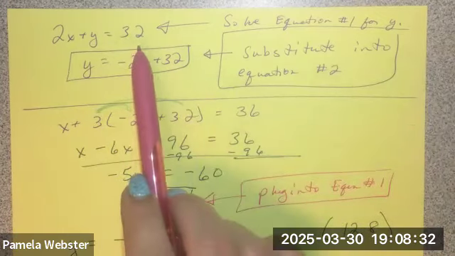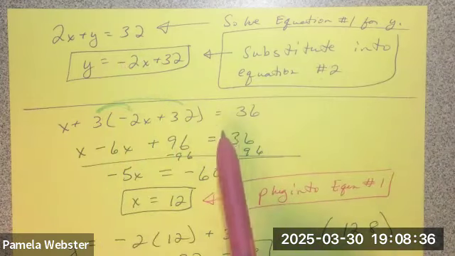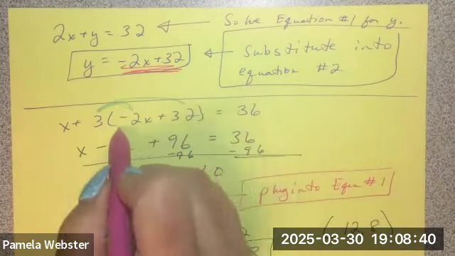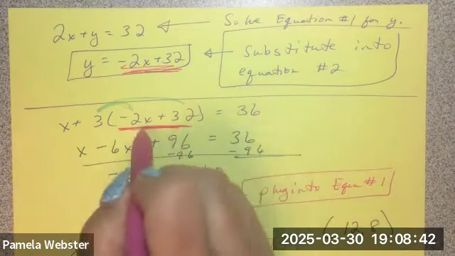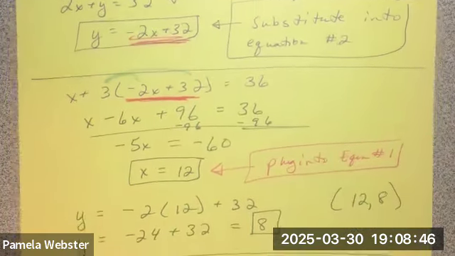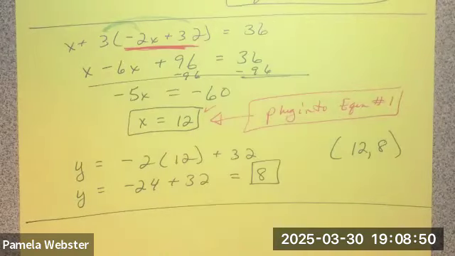So I took that equation, I solved for y. I took what I had, I substituted it into equation number 2, where I saw the y value. I plugged it in there. And then I solved for the x, and I got x equals 12. That's actually what we had the last time when we did it by graphing.